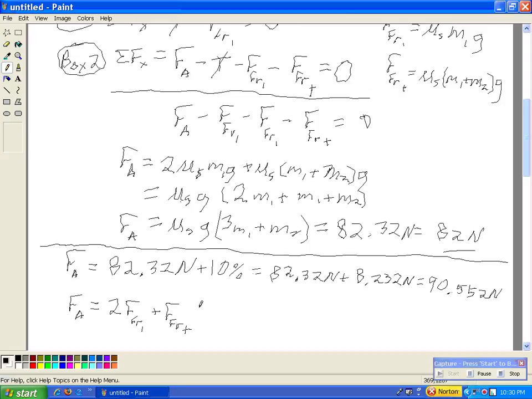However, up here we said that it equals 0. It doesn't equal 0 anymore, it's moving. So it equals mass times acceleration.